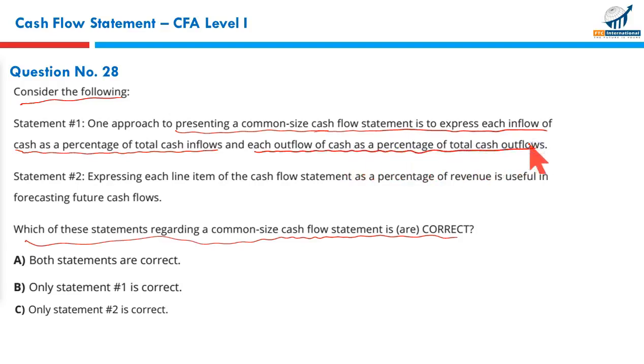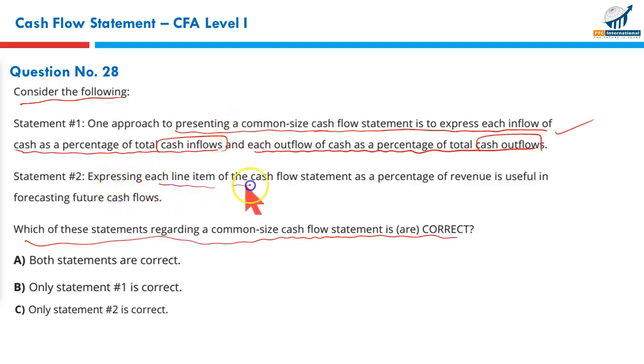This is one of the valid formats of preparing a common size cash flow statement, that is, each cash inflow as a percentage of total cash inflows and each cash outflow as a percentage of total cash outflows for comparative purposes. Perfectly valid statement.